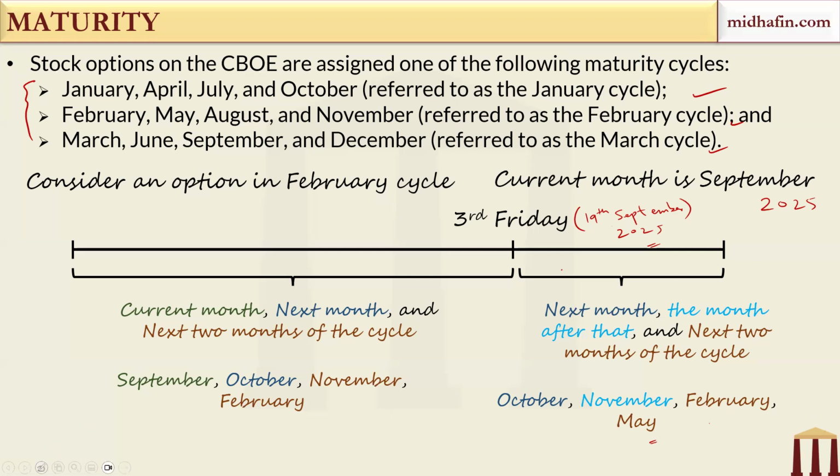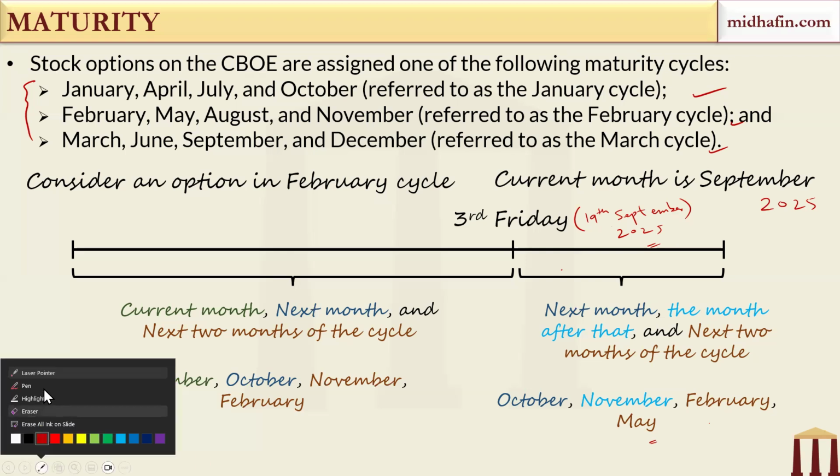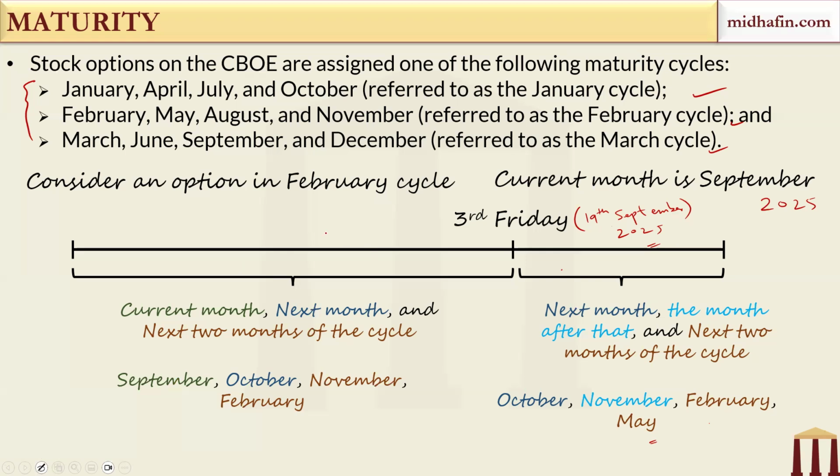Okay, let's take another example. This is example 2; that was example 1. Let's say we are in the March cycle now, and the current month is August 2025.